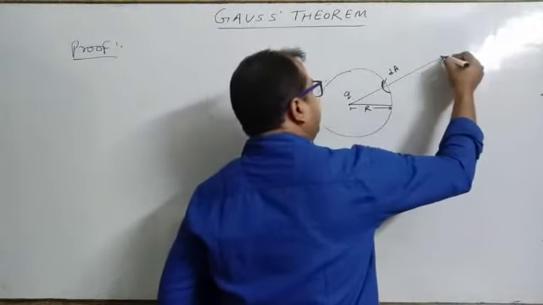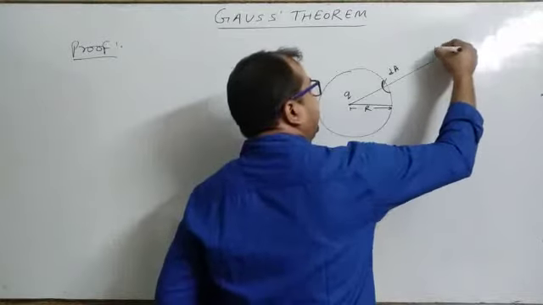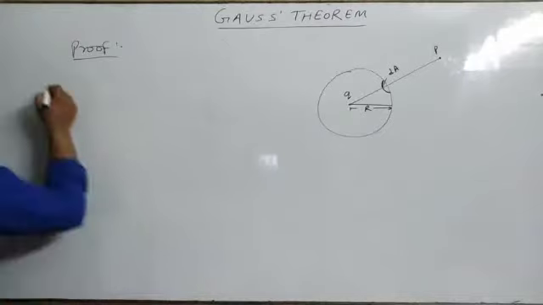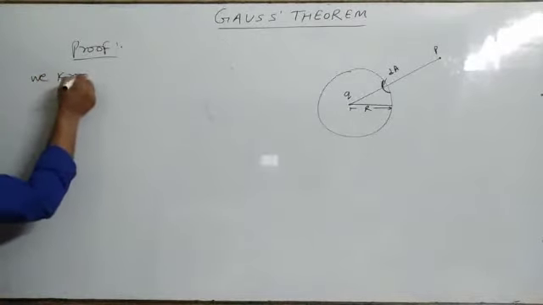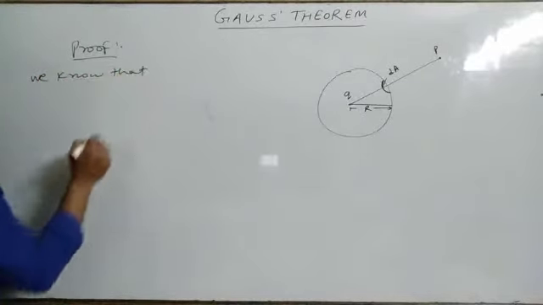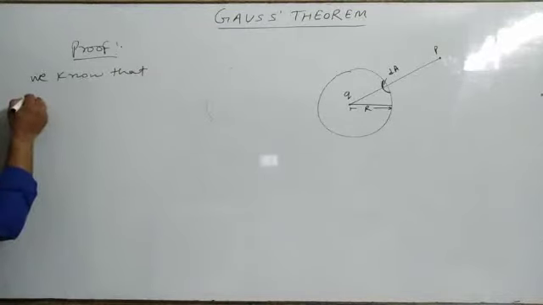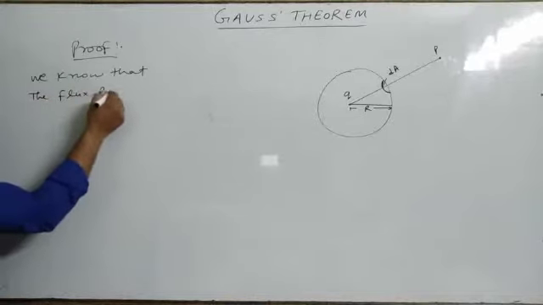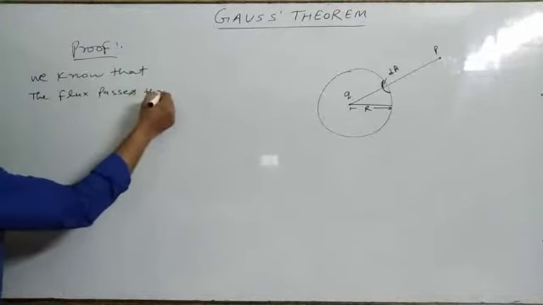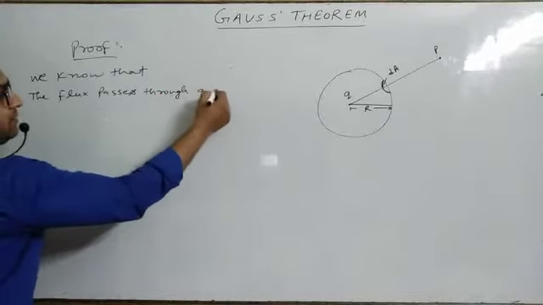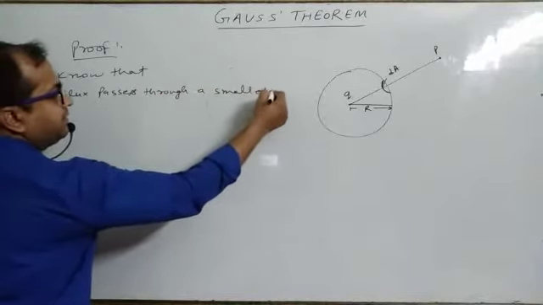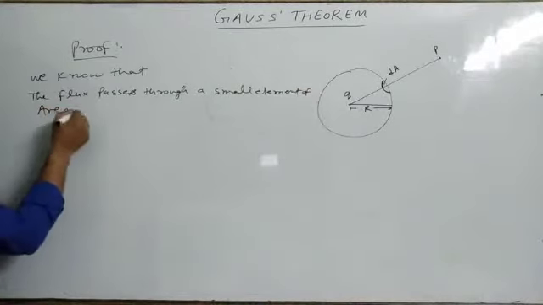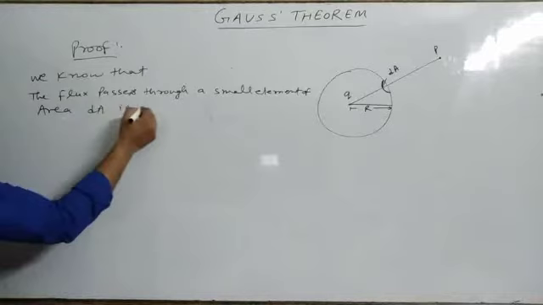Now we consider the electric field at this point P. We know that the flux that passes through a small element of area dA is phi E.